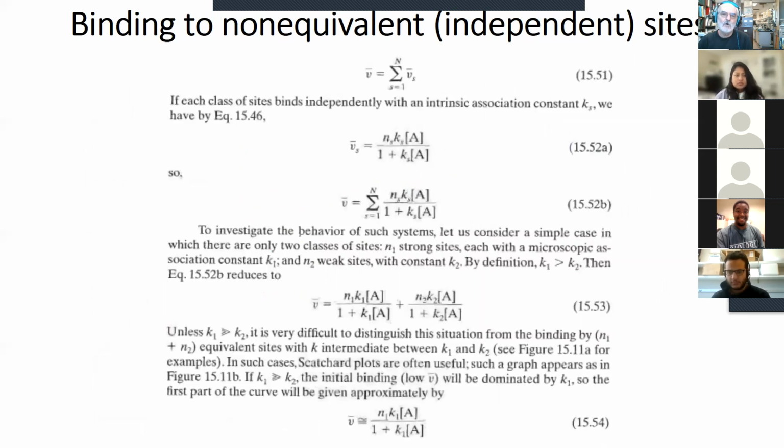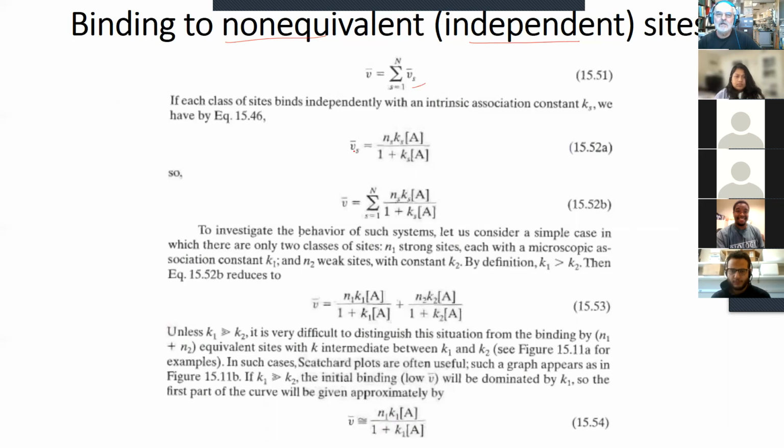Okay, so we've already done this once before in introducing the idea that what if there are multiple kinds of sites? They're independent, but they don't actually have the same binding constant. Okay, what happens then? Well, then the nu is the sum over multiple nus, where the S represents the different classes.